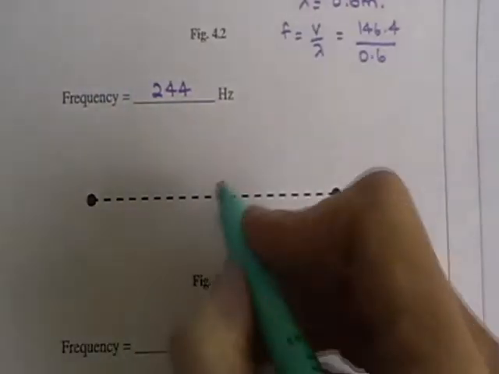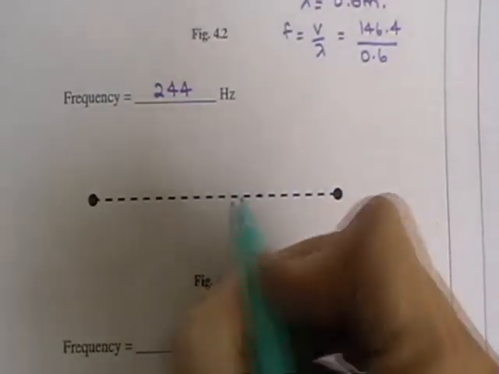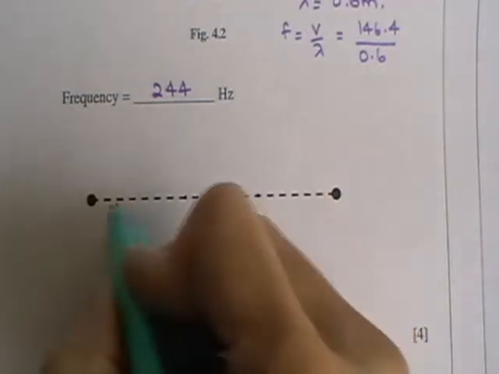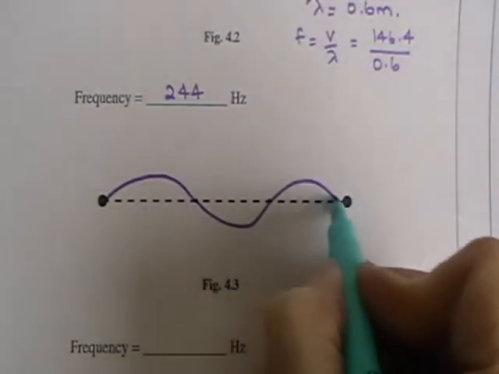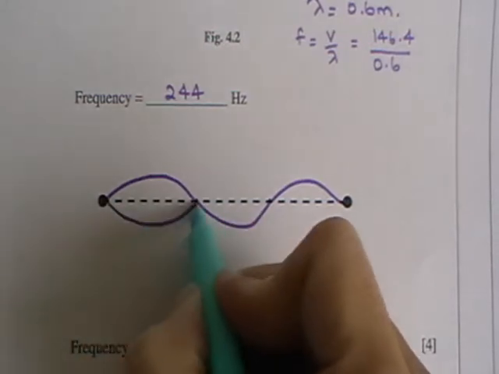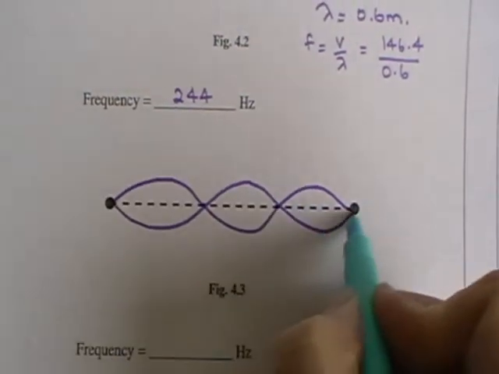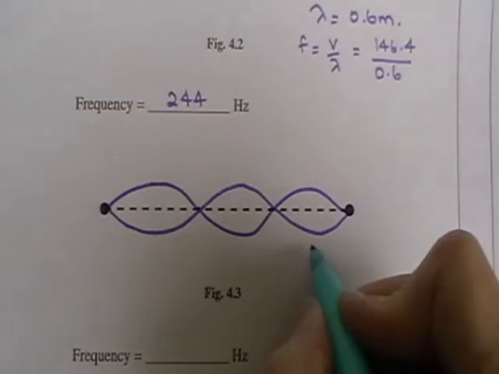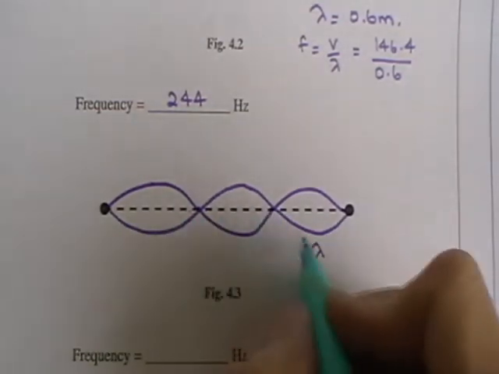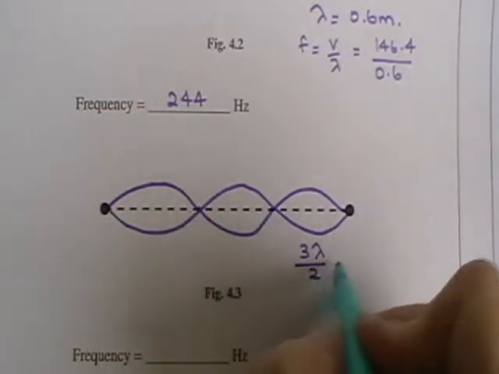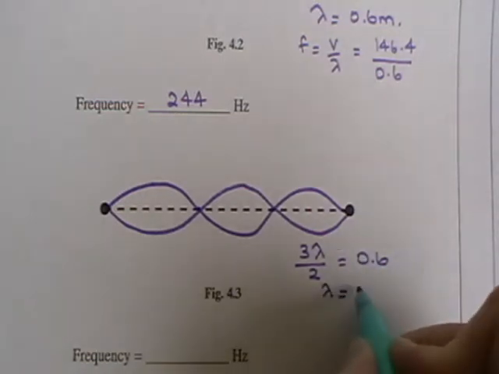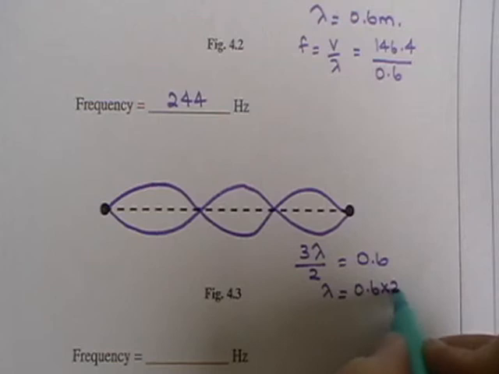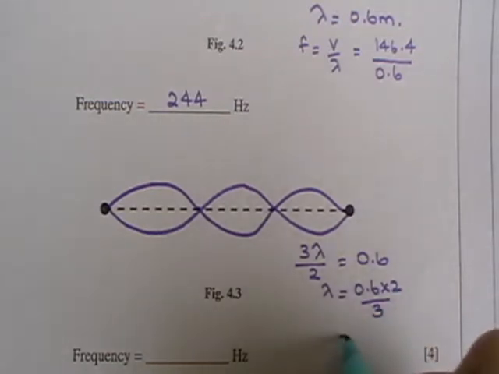And then the second one, which is the next mode of vibration, you have three complete loops, say about there. And therefore you've got 1.5 lambda, so 3 lambda over 2 is 0.6 meters, and therefore lambda is equal to 0.6 times 2, which is 1.2, over 3, gives you 0.4 meters.